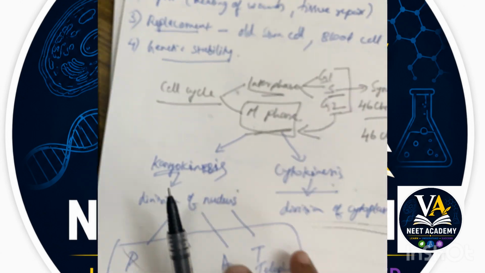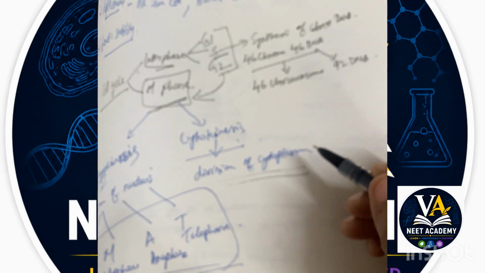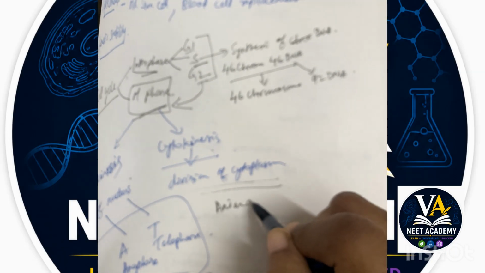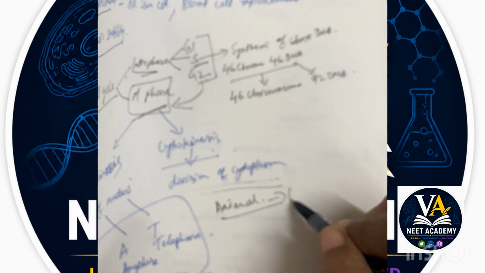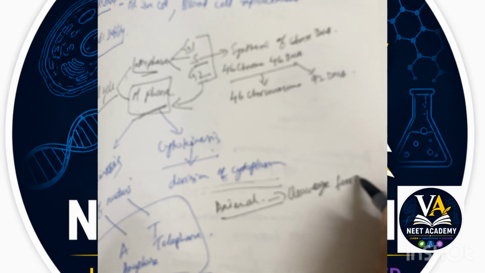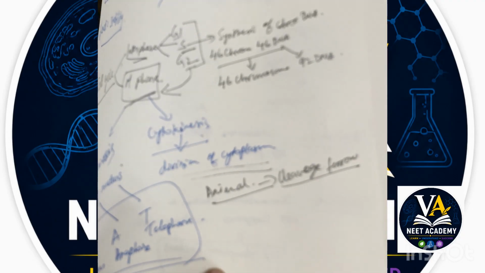Now if you remember yesterday's class, division of cytoplasm in animal cell is the formation of cleavage furrow. Okay. Please do refer to the previous video, the long video, not the MCQs, where I have talked about the division of cytoplasm, or else cytokinesis.